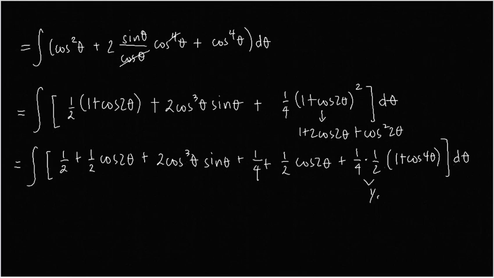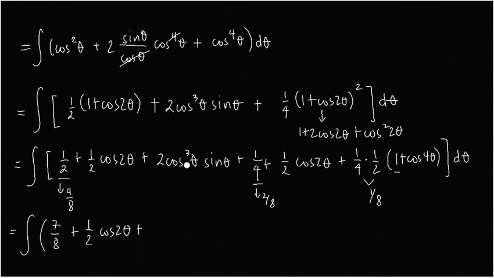Yan, 1/8 ito. Then, combining like terms, we have 1/2 here and 1/4 here. Then we have 1/8 here. So, ilan yon? 1/2 plus 1/4. So, we can say this is 4/8. Then 1/4 is 2/8. So, that is 7/8. Plus 1/2 cosine of 2 theta.